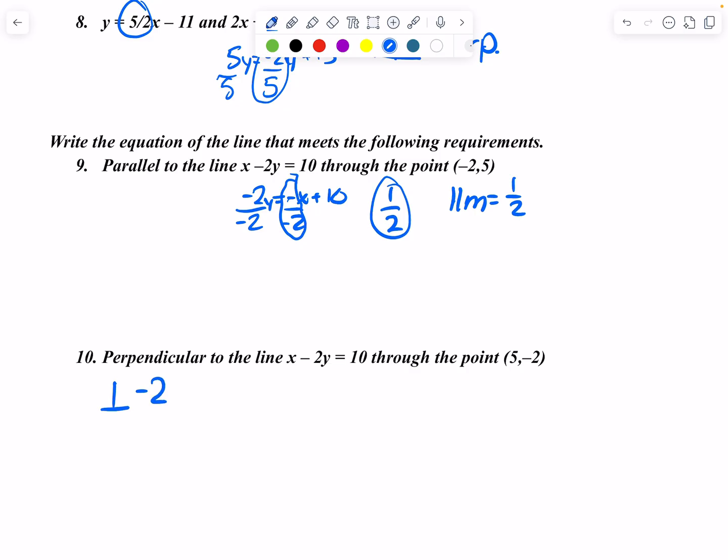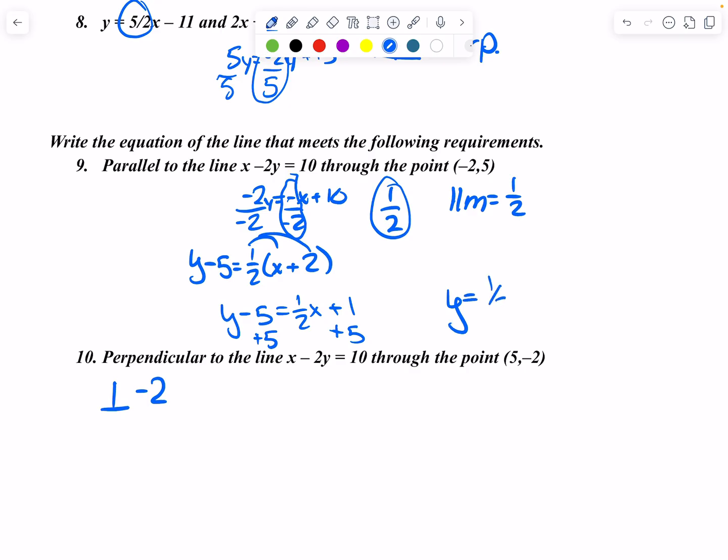So I do the same exact work. y minus 5 is equal to positive 1/2 times the quantity x plus 2. I distribute, so I have y minus 5 is equal to 1/2 x plus 1. I add the 5. So I have y equals 1/2 x plus 6.